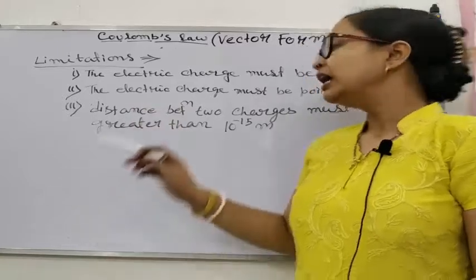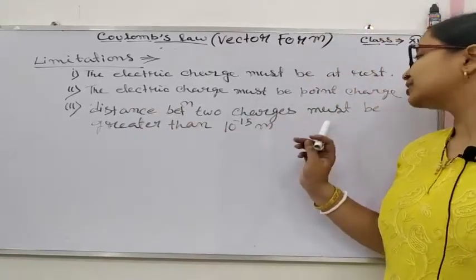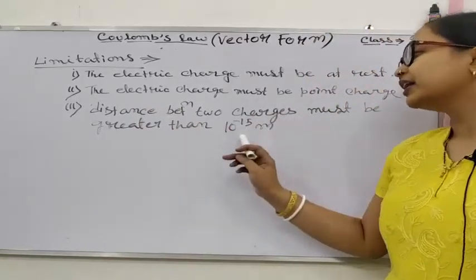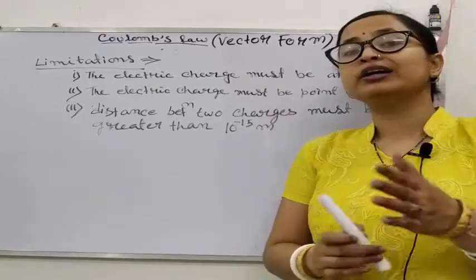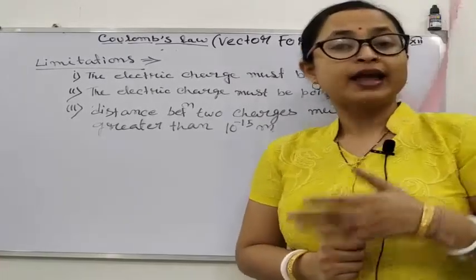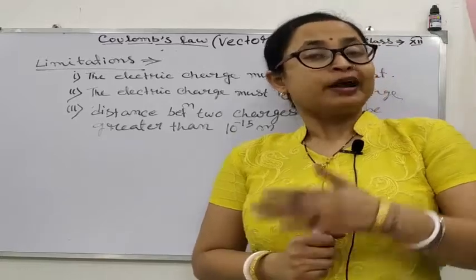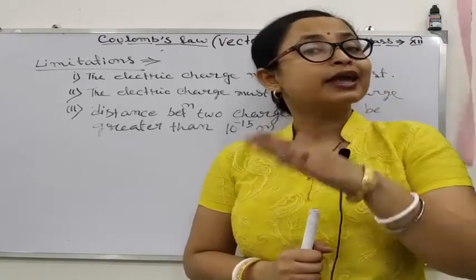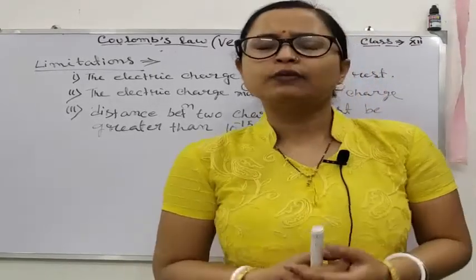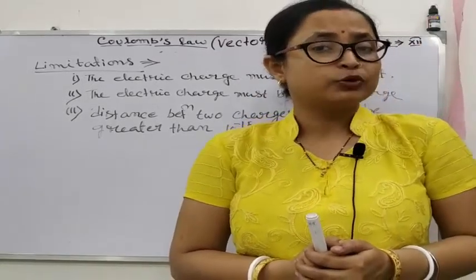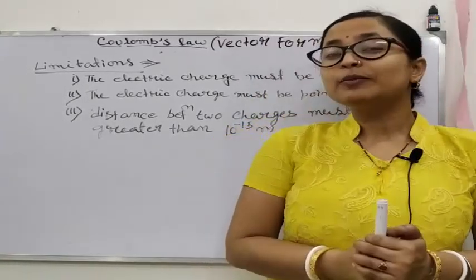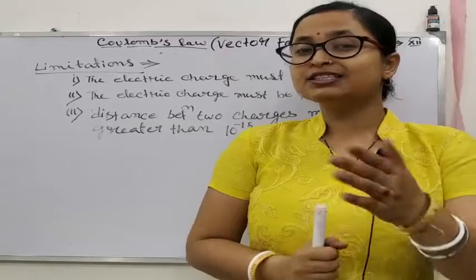Then third one, the distance between two charges must be greater than 10 to the power minus 15 meter. Just now I told you the range of Coulomb's law: 10 to the power minus 15 meter to 10 to the power plus 18 meter. So what happens if the distance is 10 to the power minus 15 meter? Can you guess? Look, 10 to the power minus 15 meter distance means it is the nuclear size.